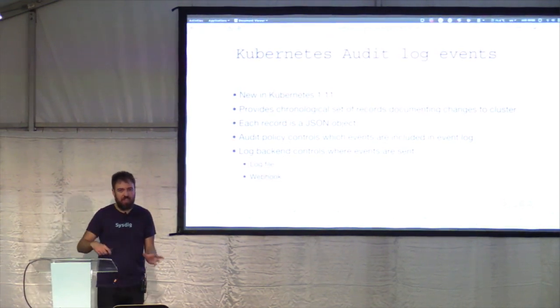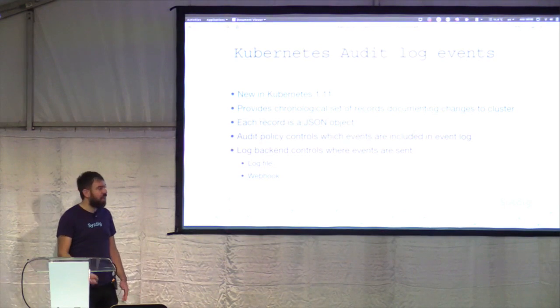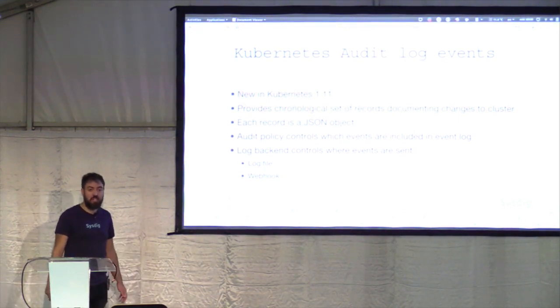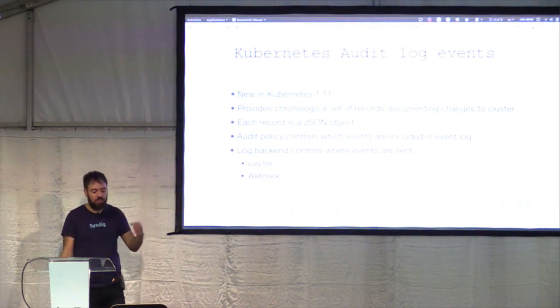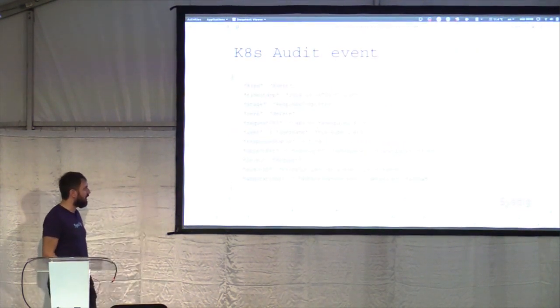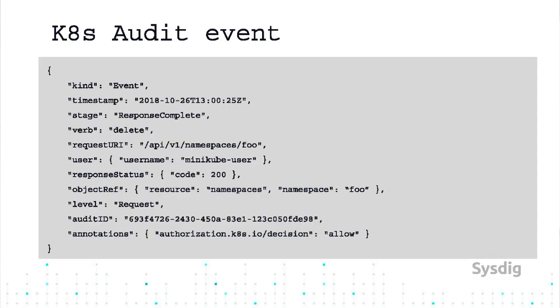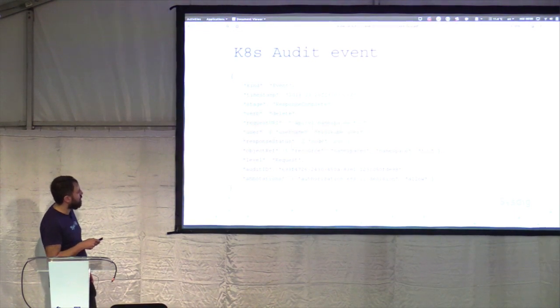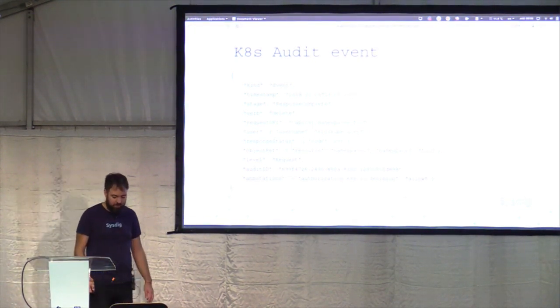Those events can be sent somewhere else. So Falco now has a small HTTP web server where we can receive all those events, and they look basically like this. A specific user is deleting something, or is allowed to delete something in that namespace.